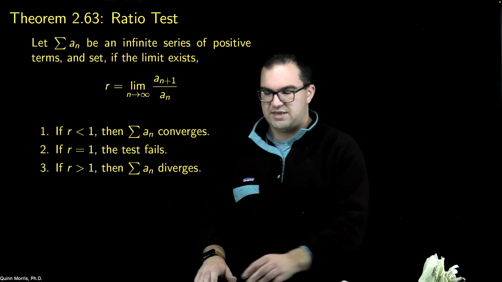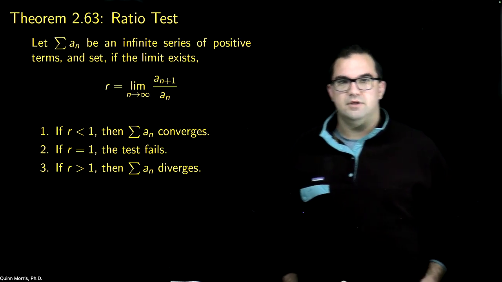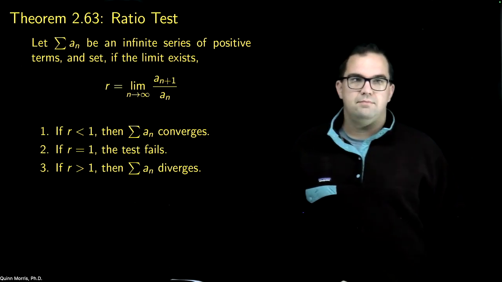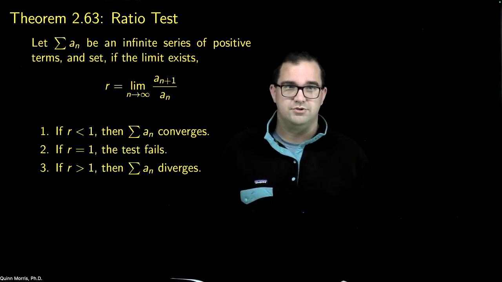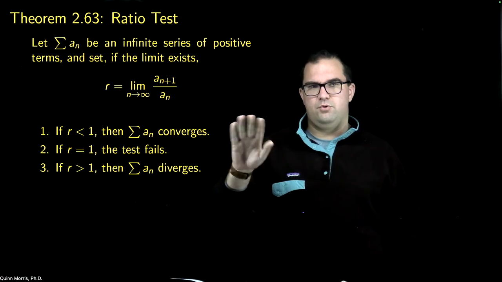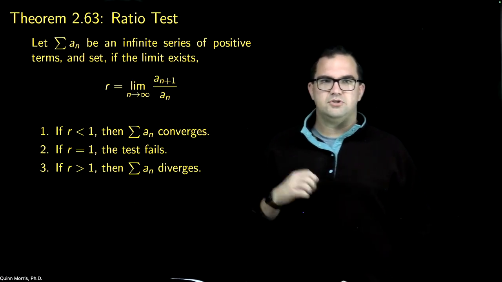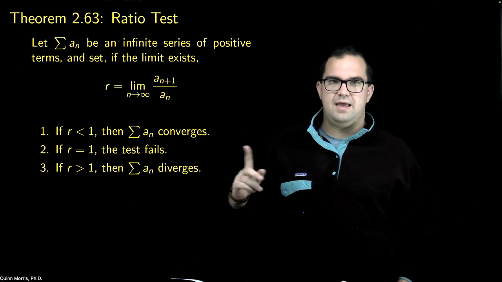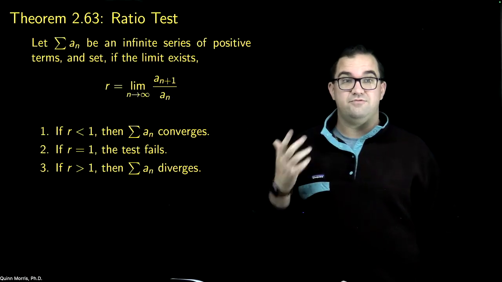Okay, another very standard convergence test that we see in a Calculus 2 course. Now, the version I've stated here is actually slightly different than what you would see in your Calculus 2 course. So we'll talk about this version first, and then in a little bit we'll talk about how this is a bit different. So the version as stated in the book says, let the series sum of A sub n be an infinite series of positive terms.